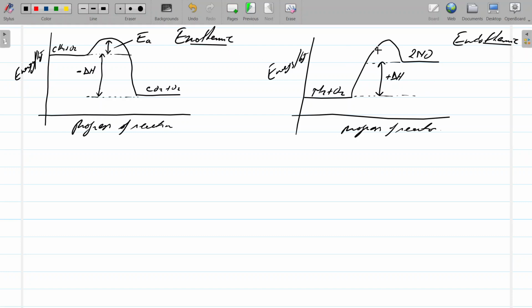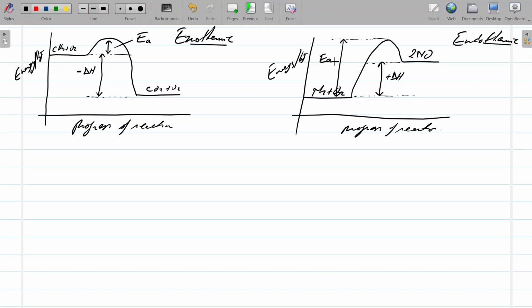What's the activation energy? This whole thing is the activation energy. Because endothermic reactions need a lot of energy input, whereas exothermic reactions are giving out energy so they can occur at lower temperatures themselves.